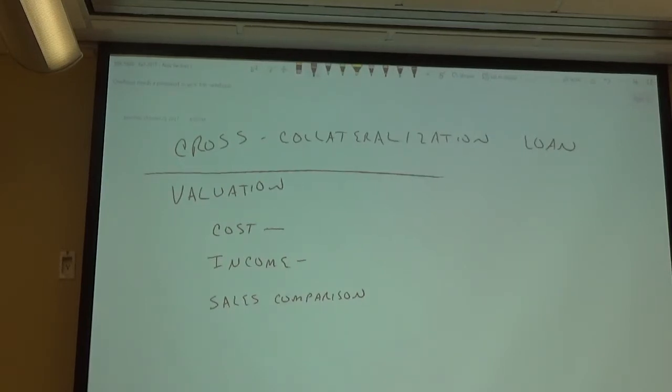Whereas the sales comparison approach, primarily used for residential, is all about finding a similar property. It's not income based at all. It's finding a similar property with similar attributes and saying, oh, it sold for $500,000 with 3 bedrooms, 2 baths, a swimming pool in this neighborhood.